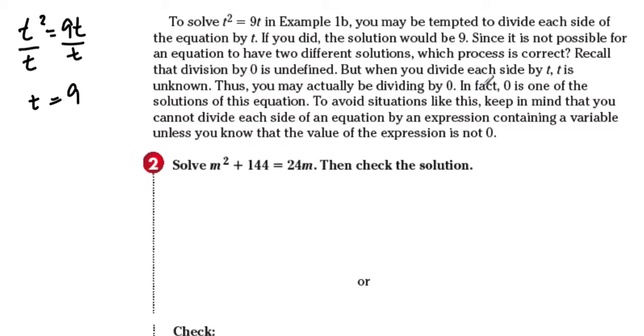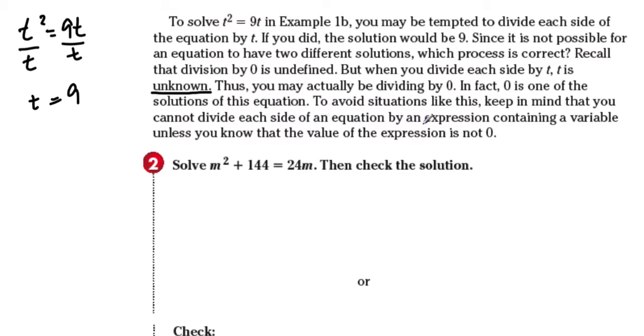Recall that division by 0 is undefined, but when you divide each side by t, it is unknown. So when you're dividing both sides by a variable, you don't know the value of t. Thus, you may actually be dividing by 0. In fact, 0 is one of the solutions of this equation.